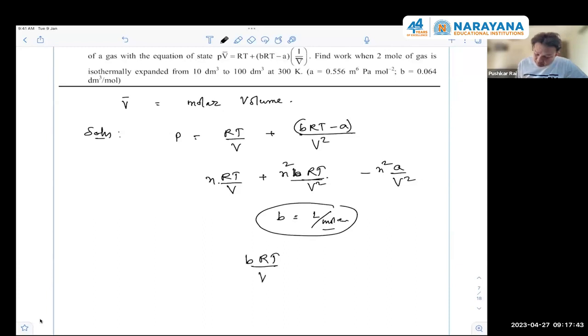So you are saying that VRT by V square. So this is basically V by V I should put, and RT by V. RT by V has a dimension of pressure, and of course it is all right. And if we take this is pressure, of course, and this is volume by, if I have 2 moles.